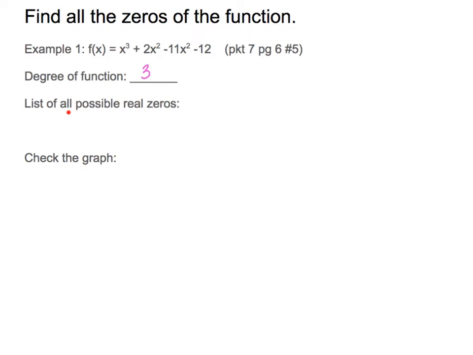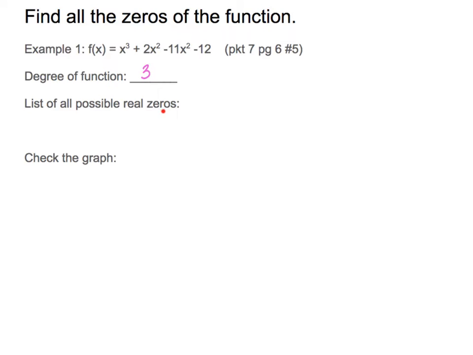So in this case, because we're not given a factor to use synthetic division on, we are going to list all the possible real zeros. In other words, using that formula again.